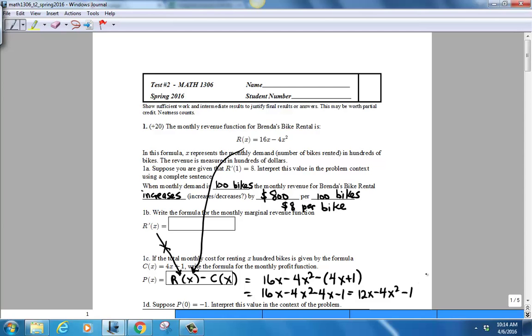So there's the right answer. Okay. So a lot of people knew that I want to subtract revenue minus cost. Okay, that's great that you knew that. But then you just inadvertently filled in the marginal revenue as the revenue function, not the actual revenue function, in here.